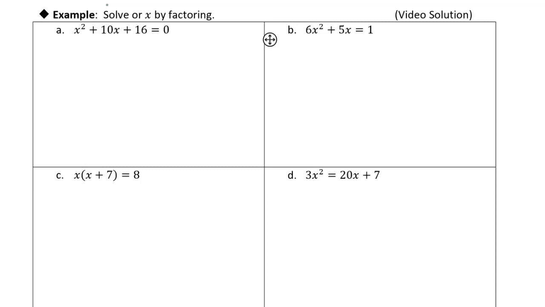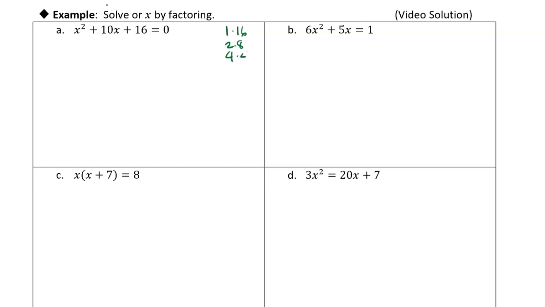So what I need to do then is just factor this quadratic. It has a leading coefficient of 1, so I'm going to look at the factors of 16 that add to 10. I can list those out: 16 is 1 times 16, or 2 times 8, or 4 times 4.